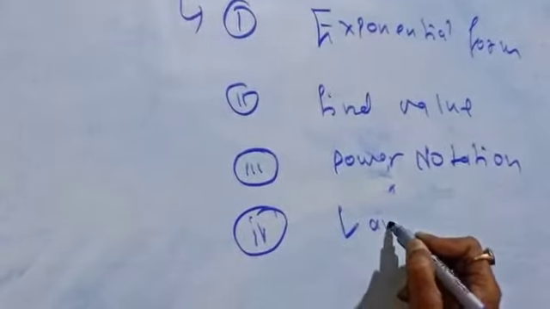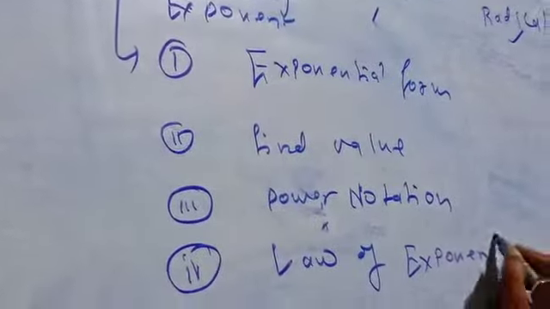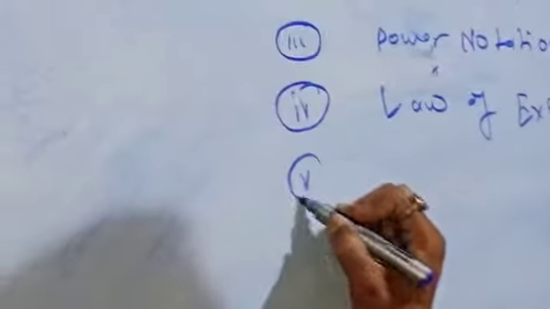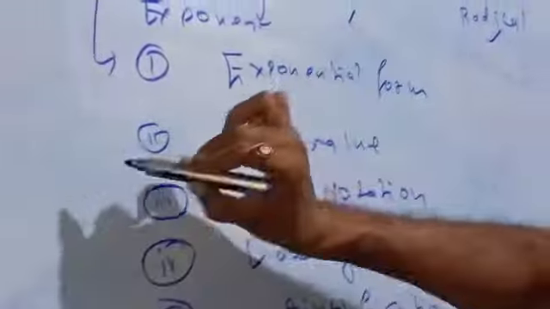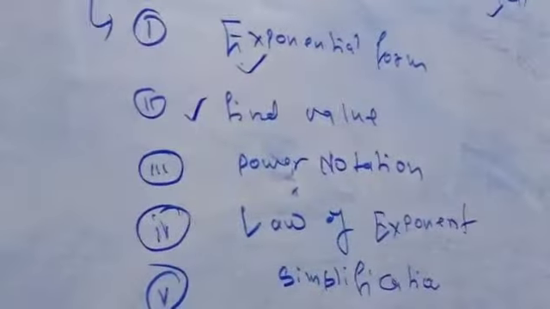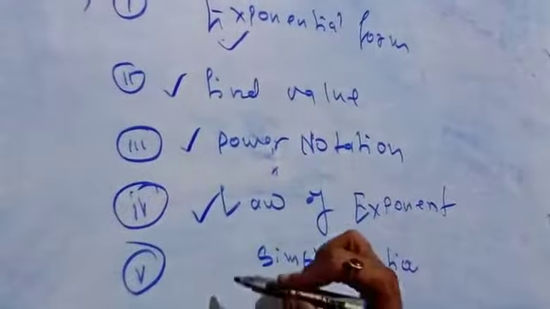Fourth, law of exponents. Fifth, simplification. Okay, so when you get the knowledge of these 5 terms, to express in exponential form, find the value of exponential form, power notation, law of exponents, and simplification, this chapter will be finished.